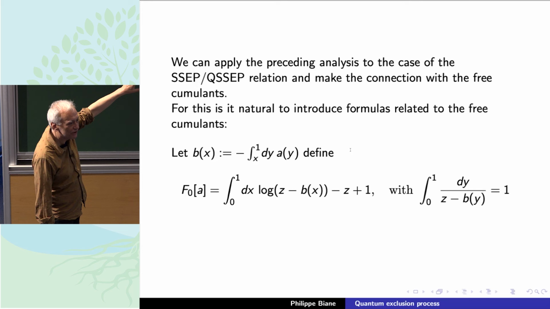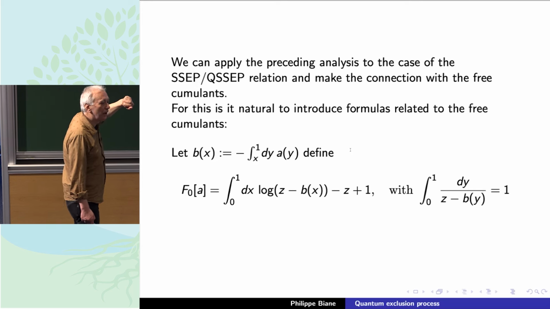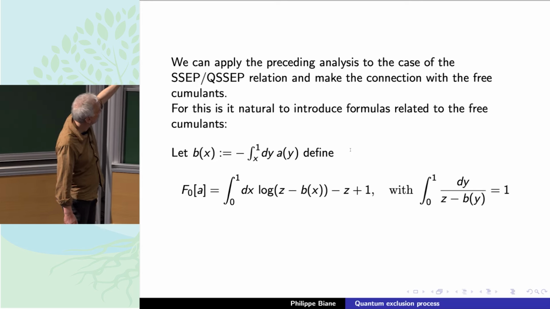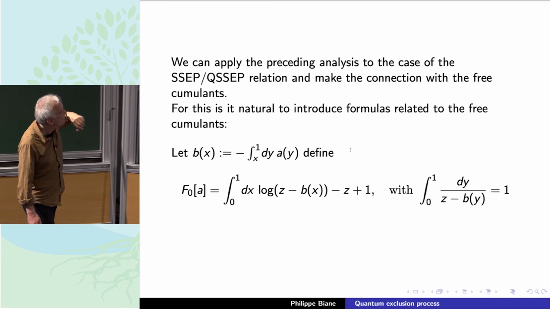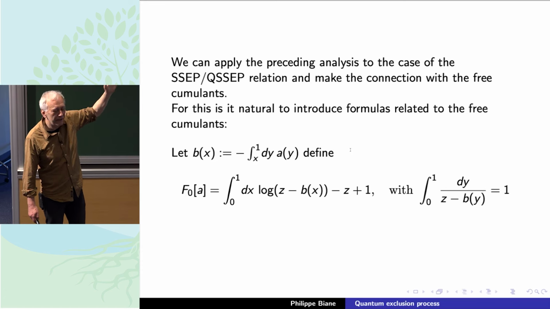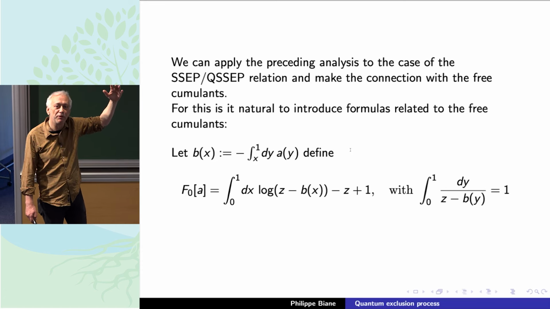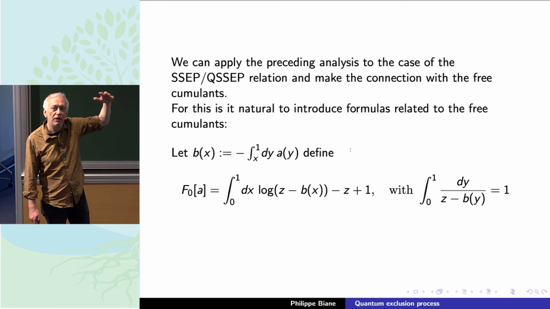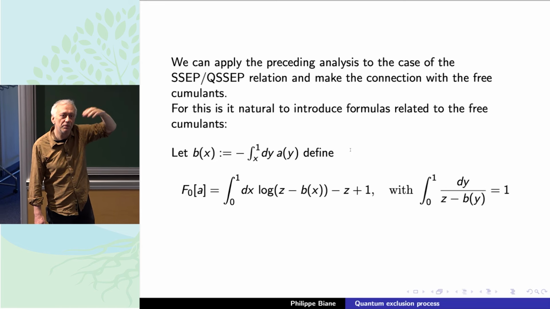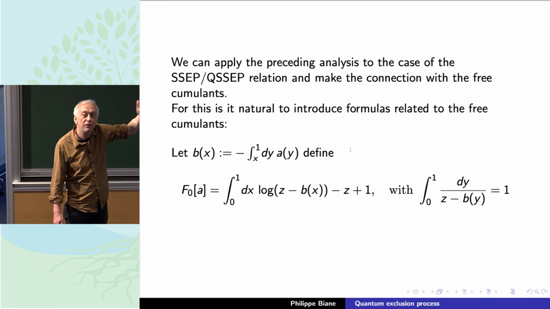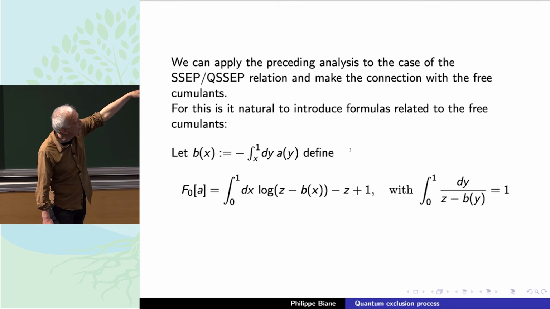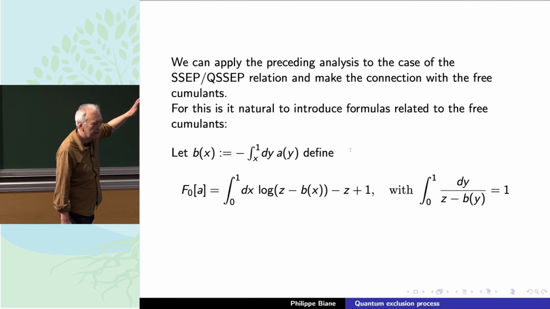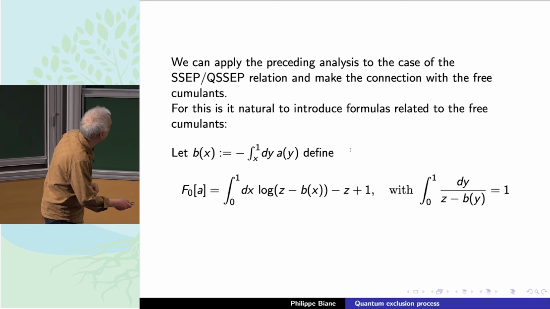I don't want to go into this, but there is something called the R transform in free probability, which appears naturally here. If you remember my formula, I had a relation between the generating function of the moments of a measure and the generating function of the free cumulants of the measure. This is somehow hidden in the formulas that I'm writing here, but I will not give details.